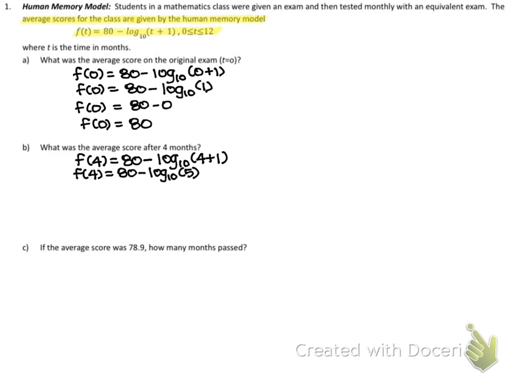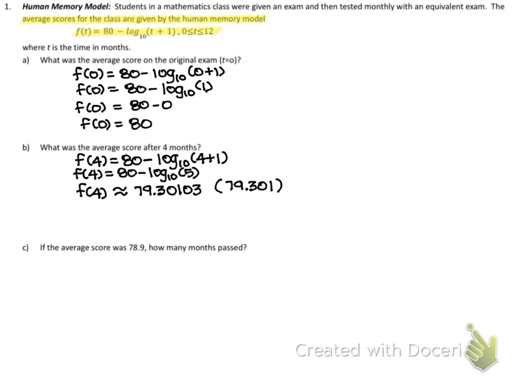So all we have to do is type in 80 minus log of 5. Don't even need to specify the base. It's programmed with base 10. So it looks like this is going to be approximately 79.30103.